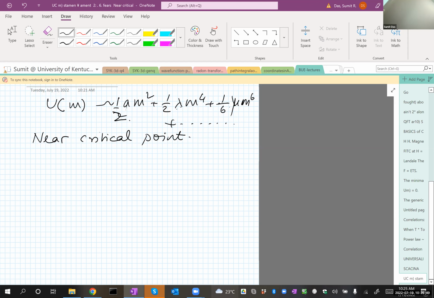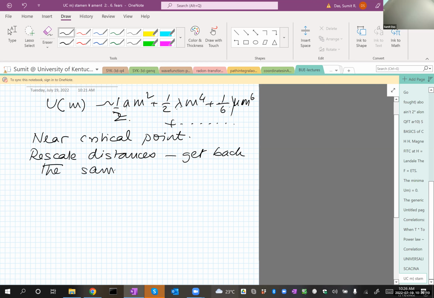The understanding of the reason behind what I'm going to say is in fact the theory of the renormalization group, is that if I rescale distances, I can get back the same physics if I also rescale the parameters.